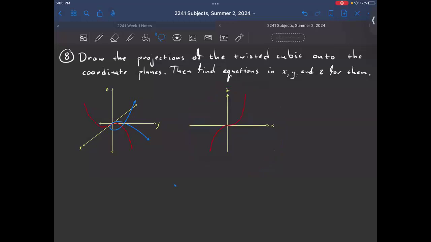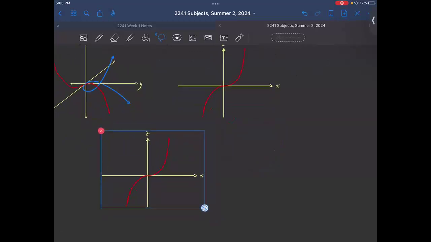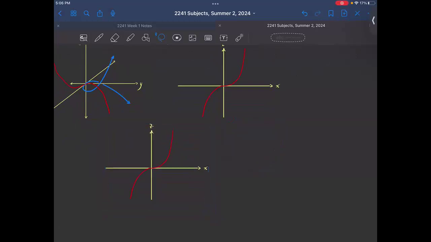And what about the YZ and XY projections? So maybe we should do the XY projection. Okay, yeah, the XY projection should be fine. So move these around.